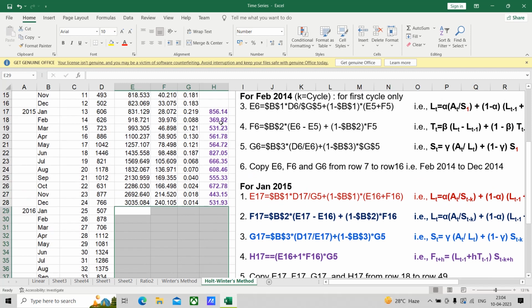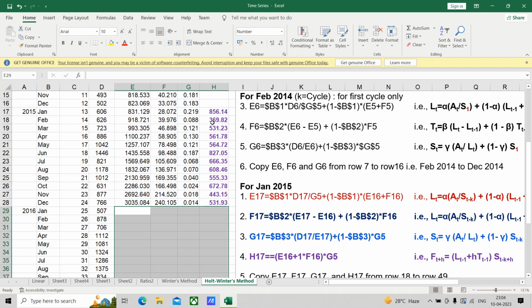So you can see here the forecast value: actual demand is 606, but the forecast value is 856. It is over forecasting. Actual demand minus forecast is a negative value, so negative values show over forecasting.